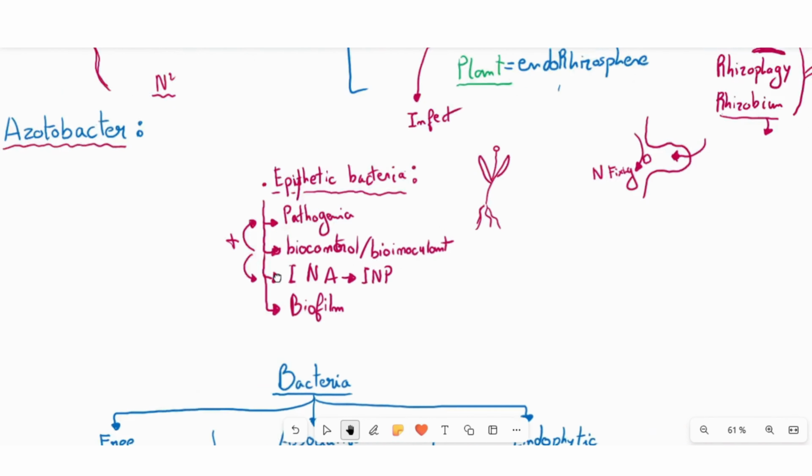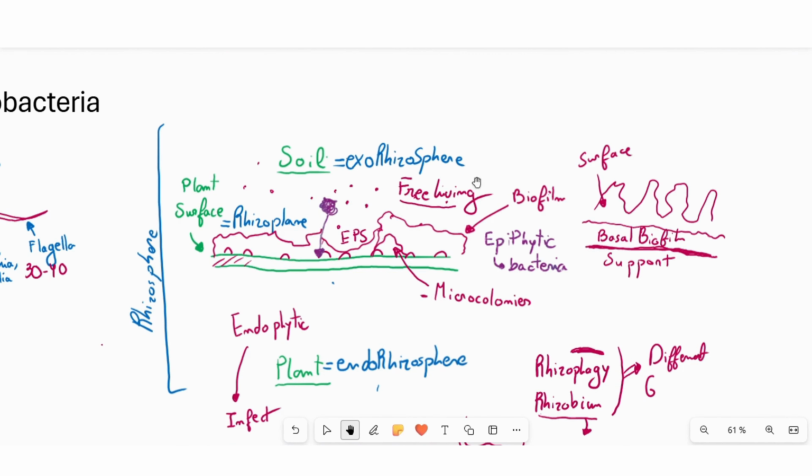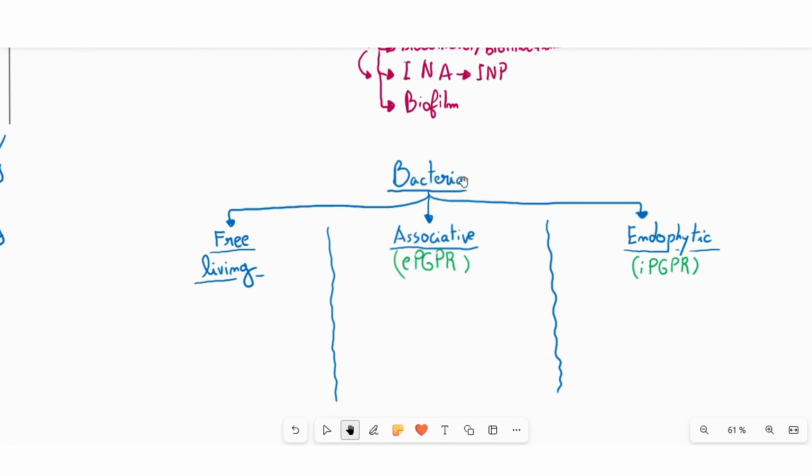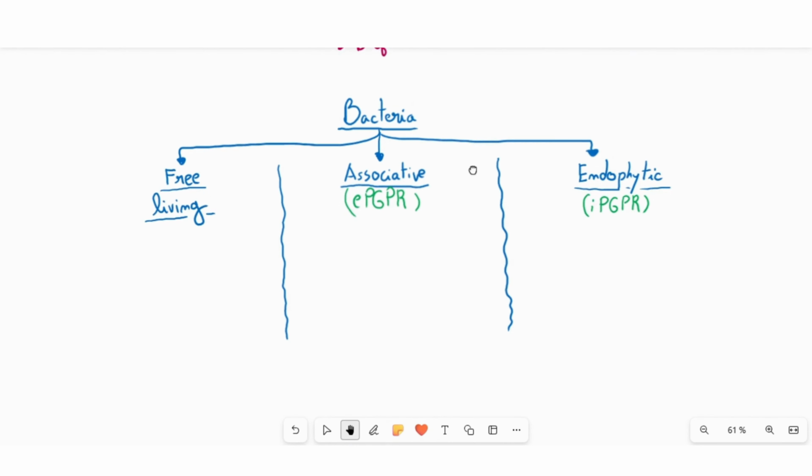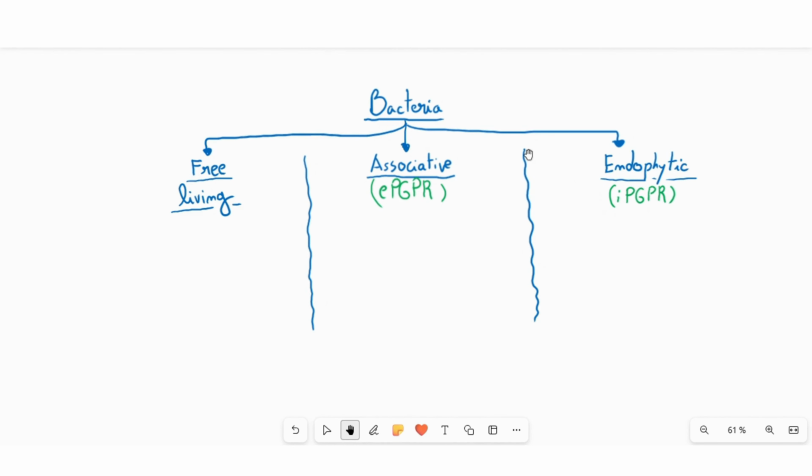So for now that we have understood what's the rhizosphere, the free-living bacteria, epiphytic bacteria, and the endophytic bacteria, I would like to give some examples. Okay, so this is something for us to kind of remember, or in case you have an exam or stuff like that, and you can reference these and know how to answer.